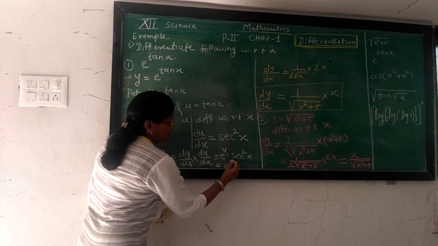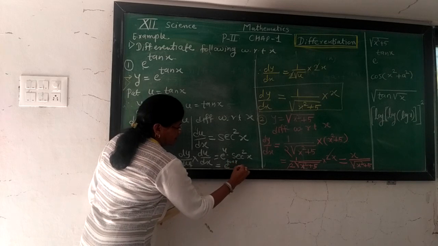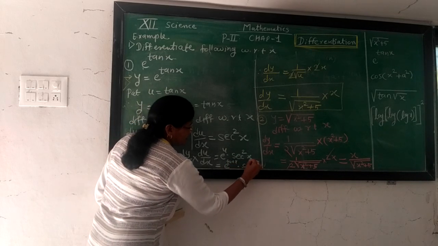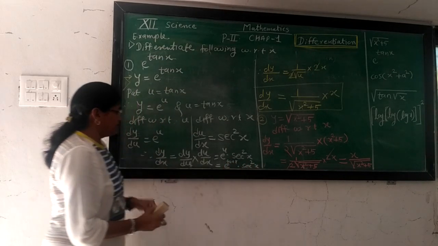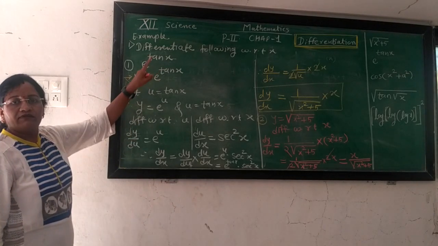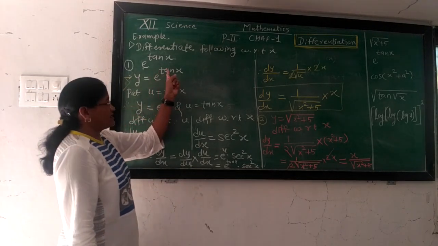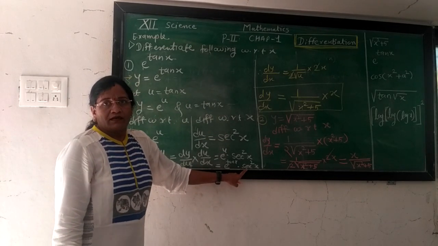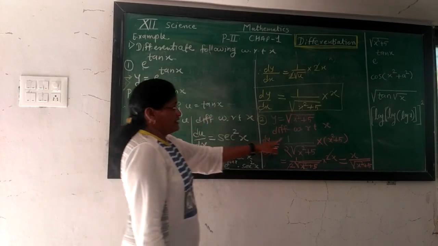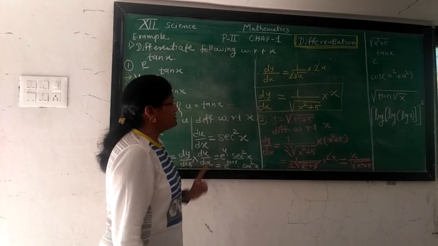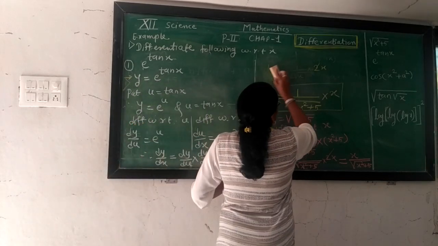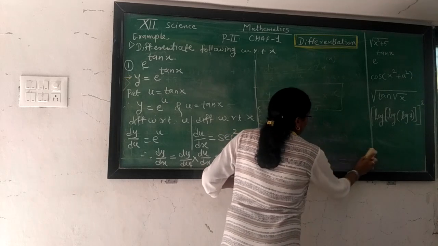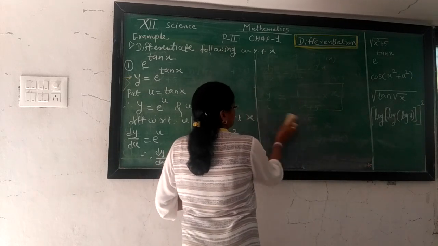So the final answer is e raised to tan x multiplied by sec square x. So the derivative of e raised to tan x with respect to x is e raised to tan x multiplied by the derivative of tan x, that is sec square x. Again, using the second method, the direct method, it is very easy to solve the example of the derivative of e raised to tan x.